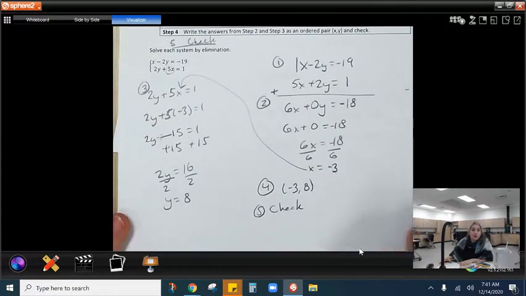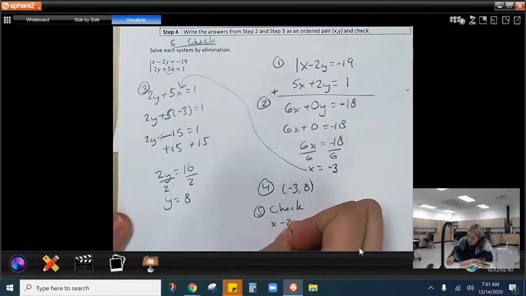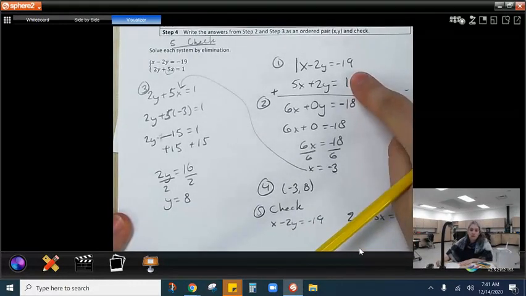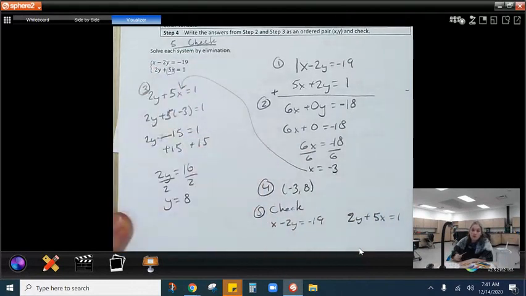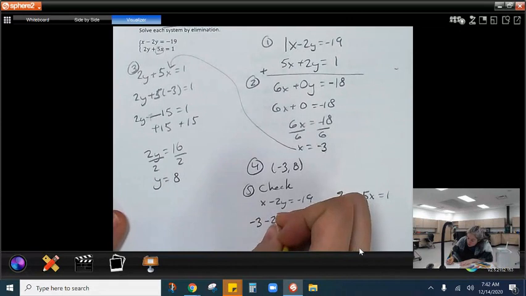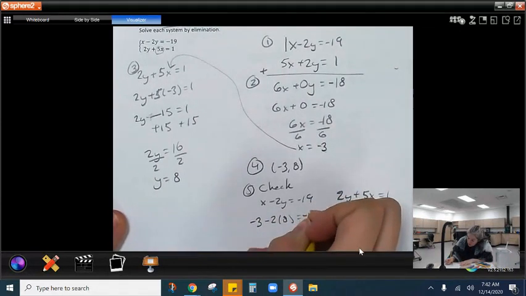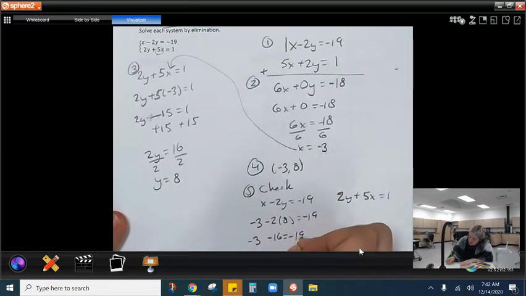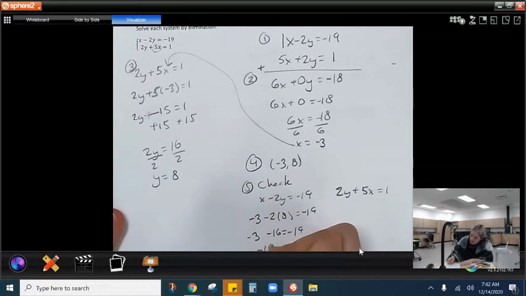And we always start with the original equations. So we're going to have x minus 2y equals negative 19. And then 2y plus 5x equals 1. So not these ones, these are the originals, all right? So we're going to plug in negative 3 minus 2 times 8 equals negative 19. Well, 2 times 8 is going to get you 16. Negative 3 minus 16 is negative 19.